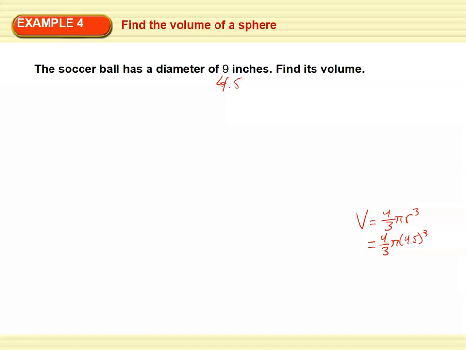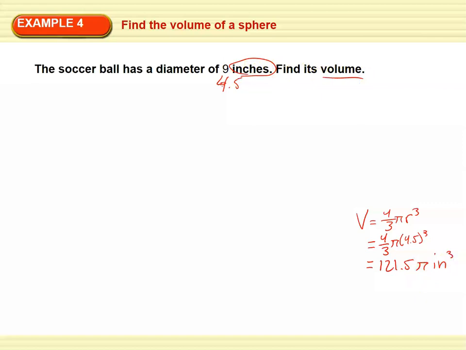So you can go ahead and take 4.5 to the 3rd power and times that by 4/3, which gives you 121.5 pi, and we're talking inches and volume, so inches cubed.